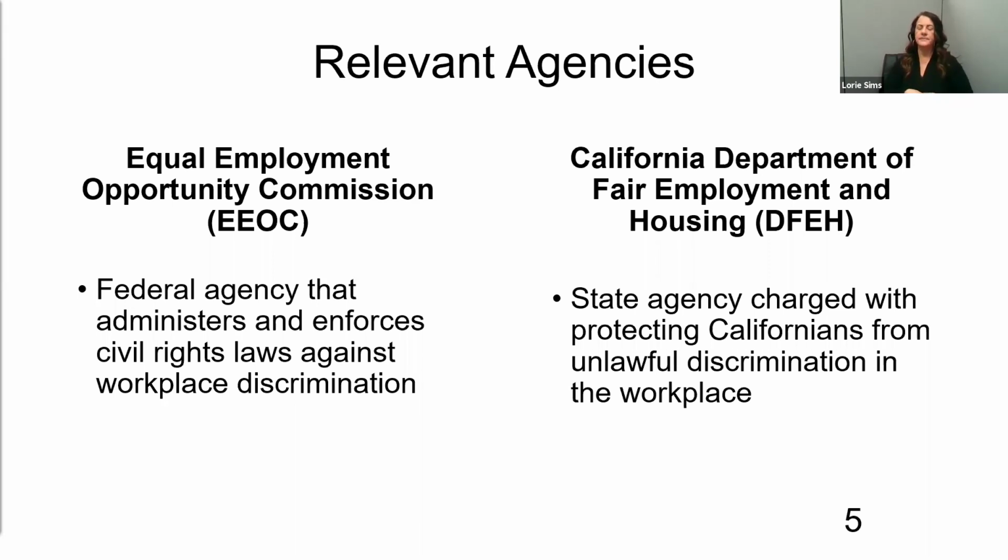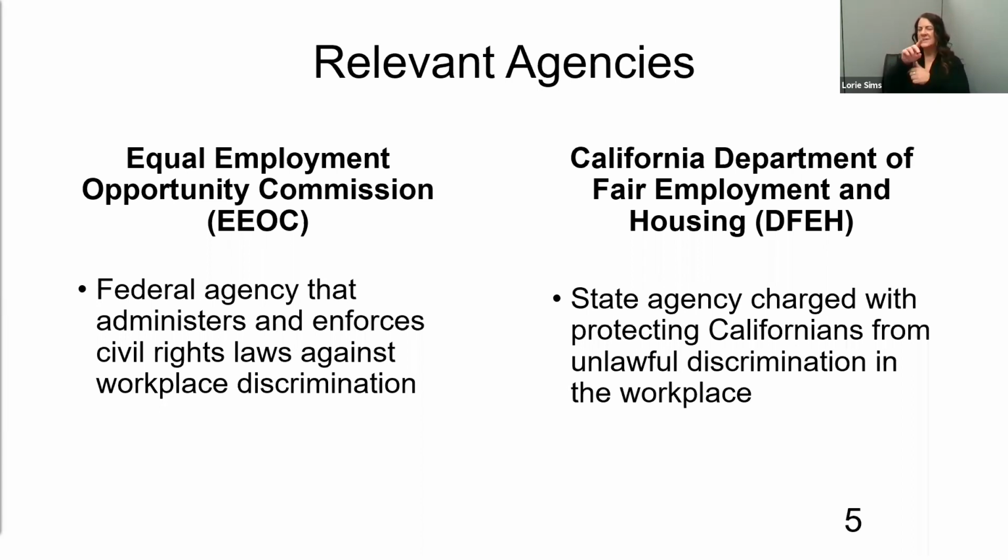These are the agencies at the state and federal level that enforce our employment discrimination laws. The EEOC, the Equal Employment Opportunity Commission, is the federal agency that administers and enforces the civil rights laws against workplace discrimination, in particular the Americans with Disabilities Act, which we'll talk about soon.